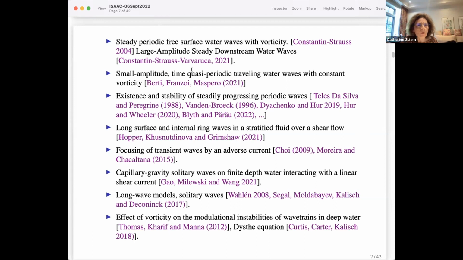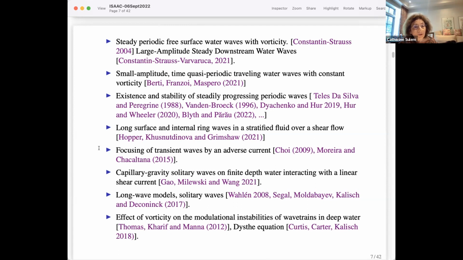Then there is a number of works about existence and stability of these progressive periodic waves in constant vorticity, in particular Dyachenko, Wheeler, and Blyth-Parau. They construct exact solutions mathematically and numerically, or they study their stability.